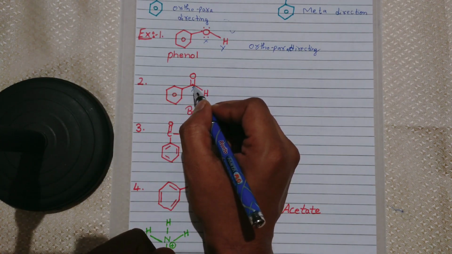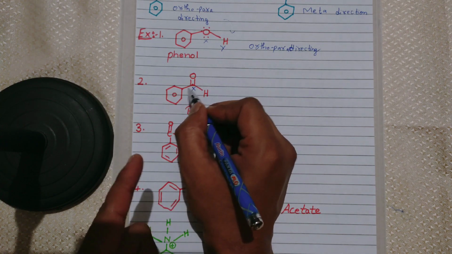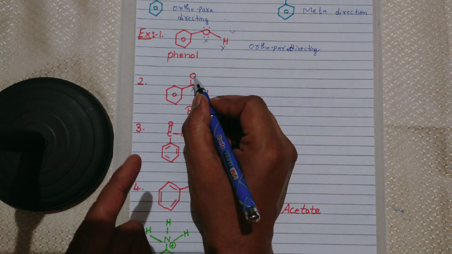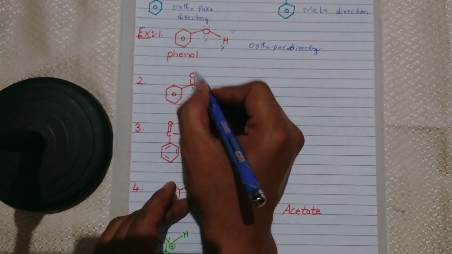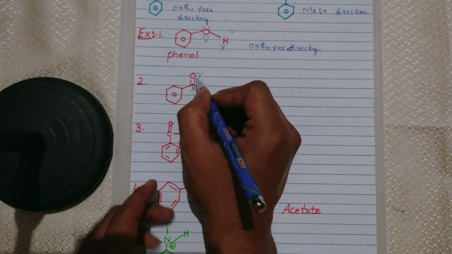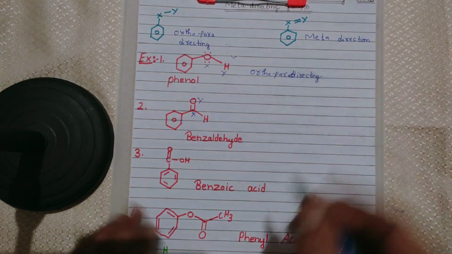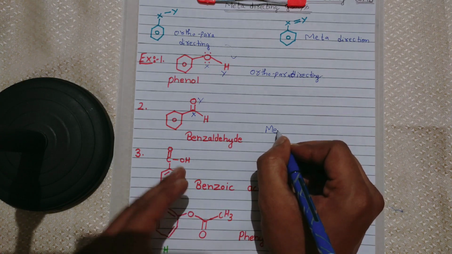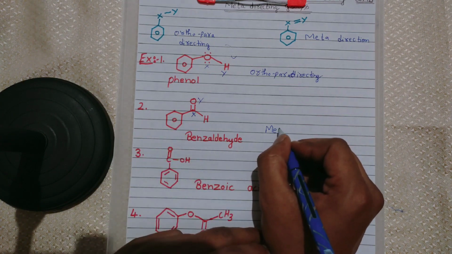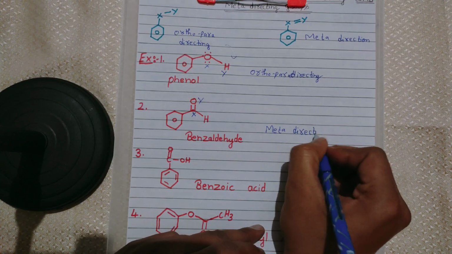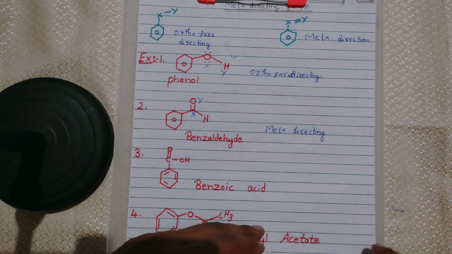Carbon is X because it is directly connected to the benzene ring, and oxygen is connected to carbon with a double bond. So, as I told, it is meta directing.